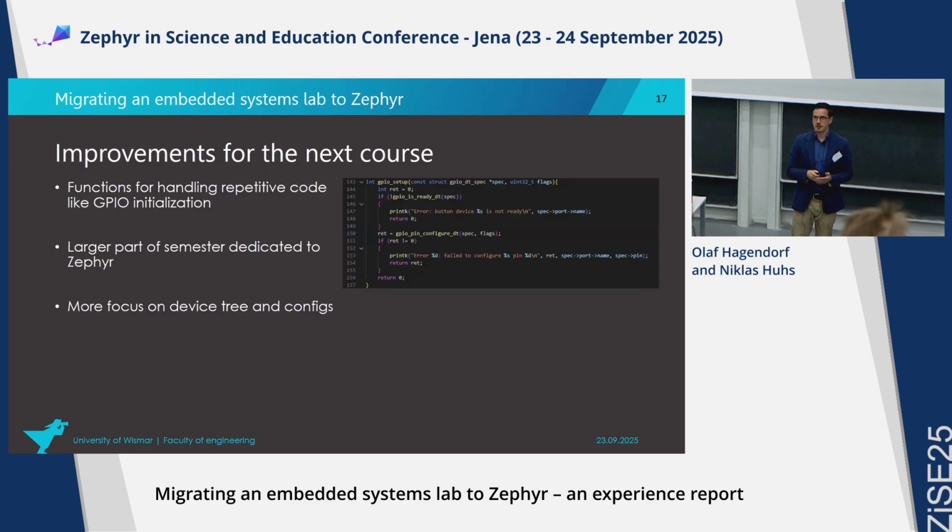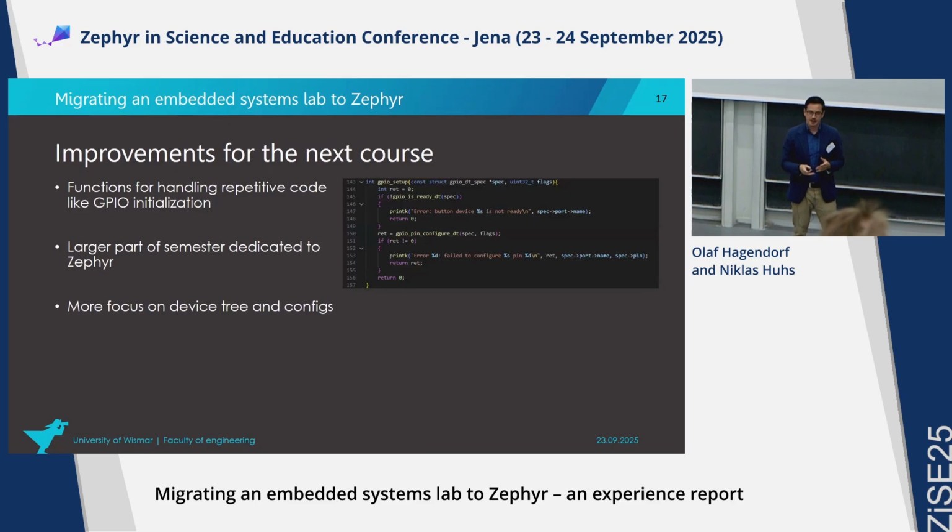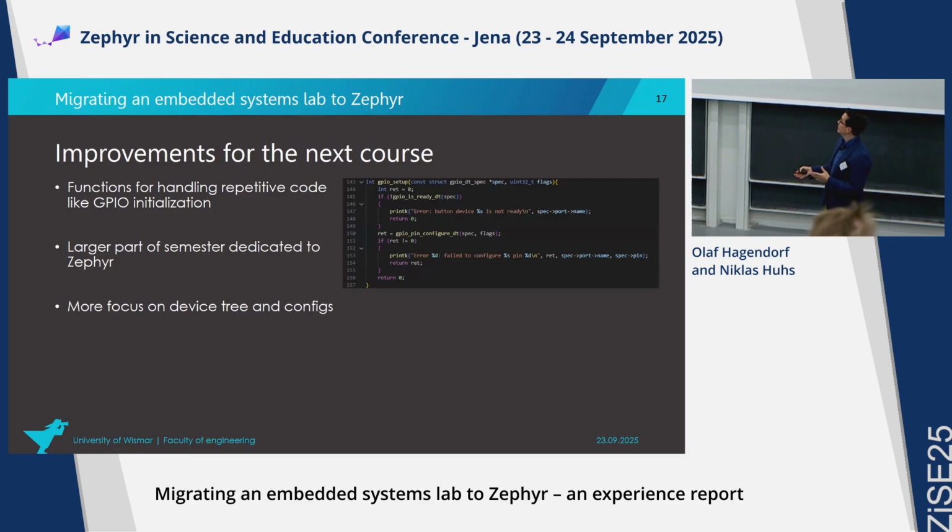Yes, we thought about applying functions for handling all the repetitive code, like when you're using many different GPIOs. You have a lot of repetitive code in there, and yes, like I already said, we will devote more time for Zephyr development and focus more on the device tree and the configs as well.